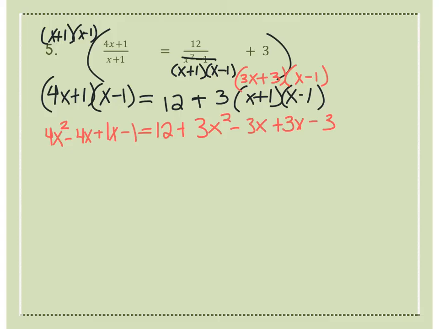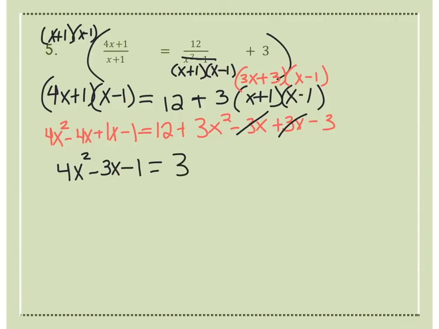We are going to combine like terms and move everything to one side. So when I combine like terms, these two, negative 3x plus 3x are gone. And I'm going to combine these two right here. So I have 4x squared minus 3x minus 1 equals 12 minus 3 is also common terms.